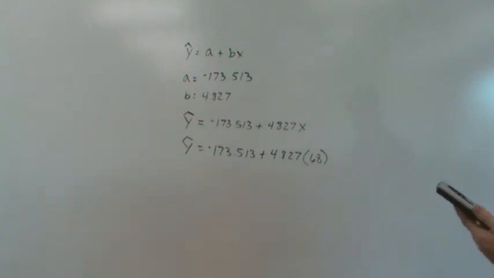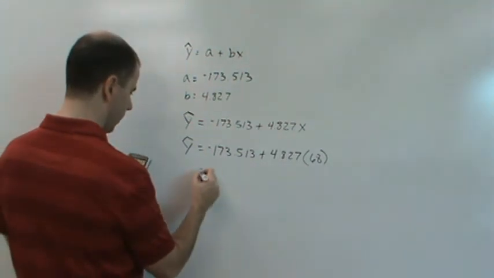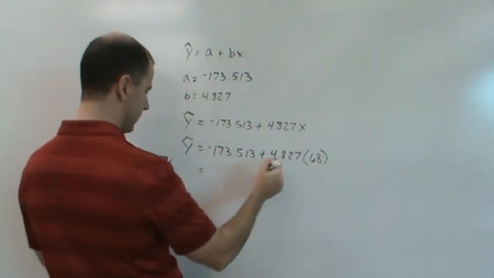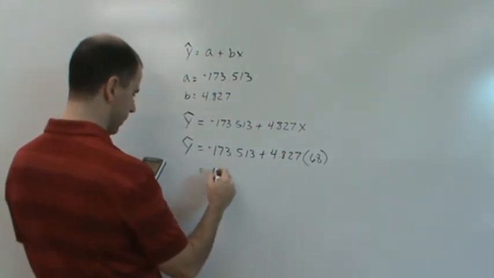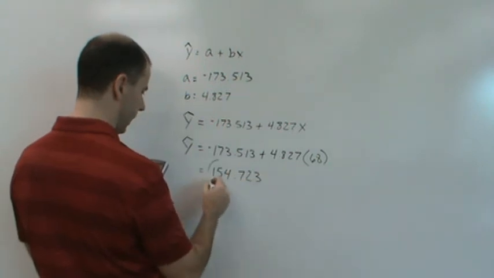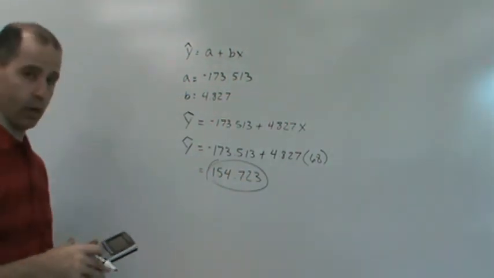I'm going to go 4.827 times 68, and then add that to negative 173.513. And so what's the predicted value? If a student gets a 68 on the third exam, we predict they're going to get a 154.723 on the final. Okay, that's how it works.